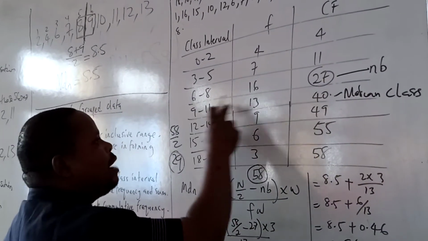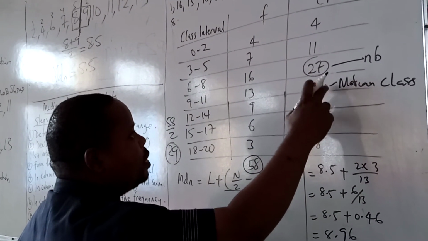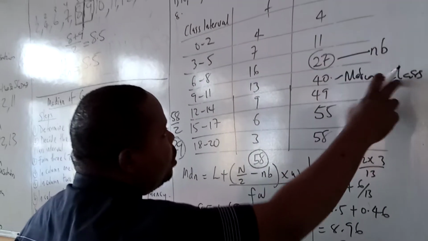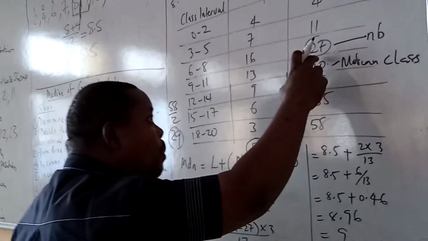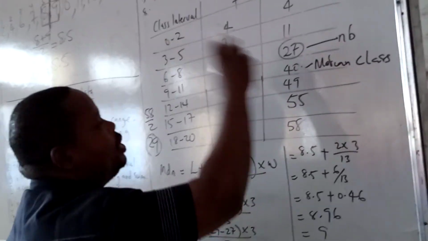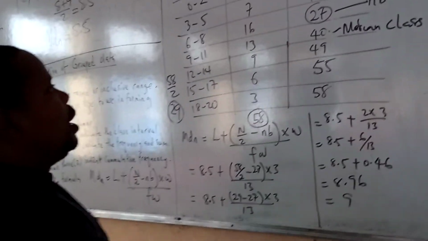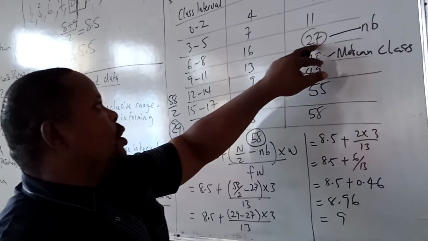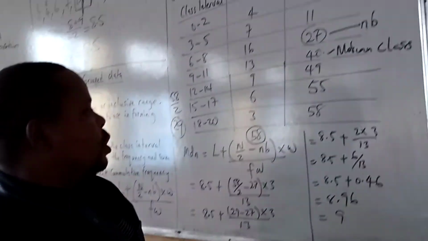And so the class interval that has that cumulative frequency is the median class. That's why we have written it here as median class, for you to know that the median of this data is inside this 40. The cumulative frequency directly below it, which is the NB, is 27. We have just determined it for emphasis.